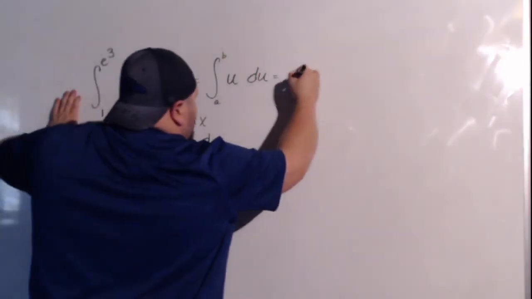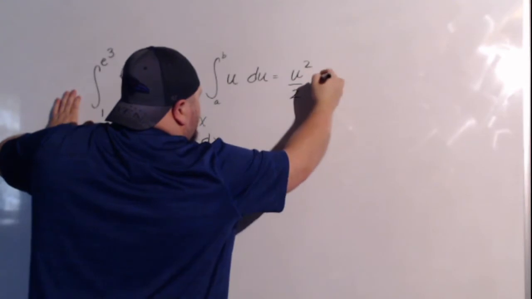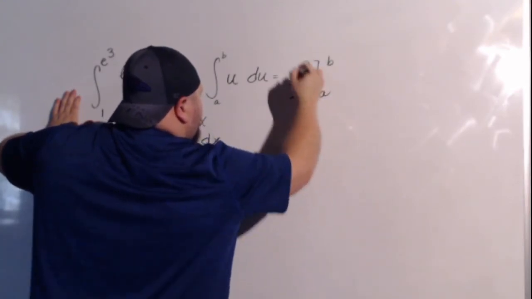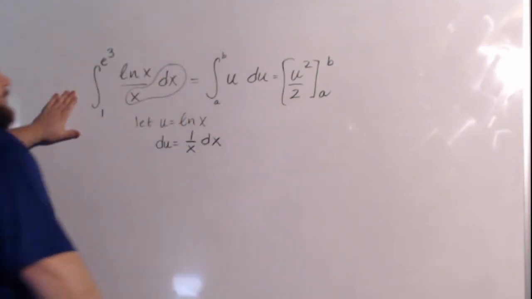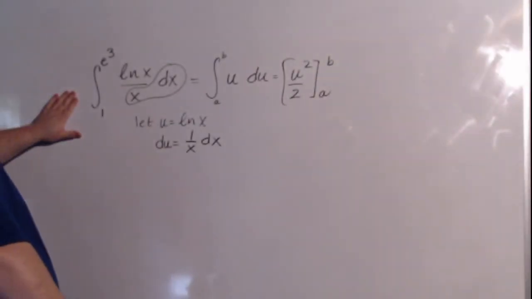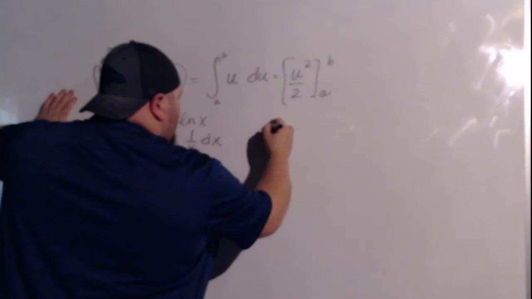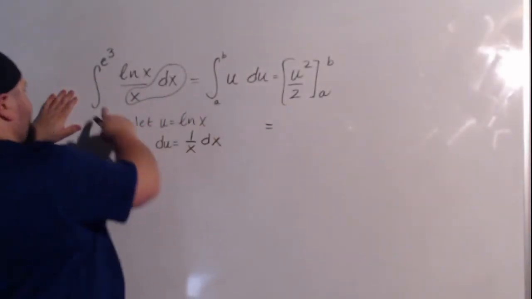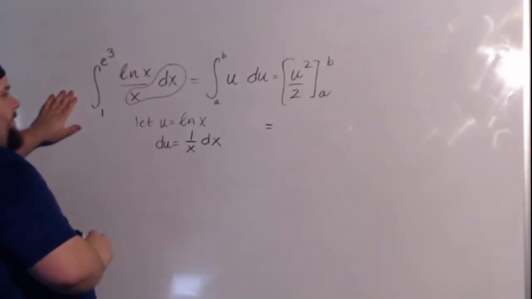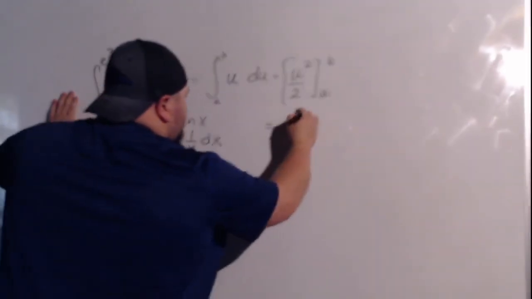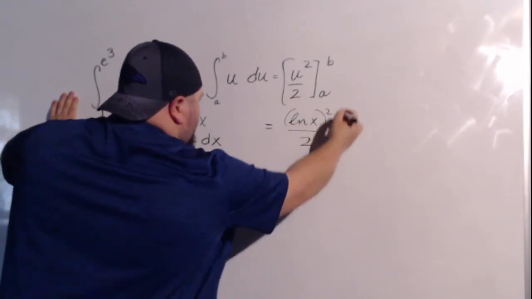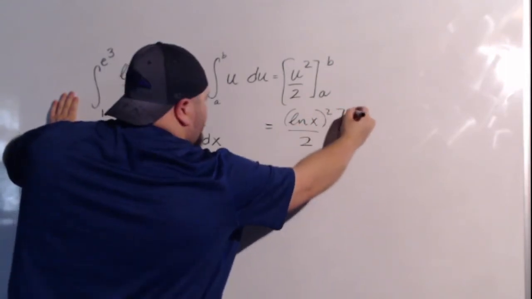Integral of u is u squared over 2, evaluated from a to b. And if I plug back in the definition for u, I can then use the bounds for x. So this is natural log of x squared over 2 from 1 to e cubed.